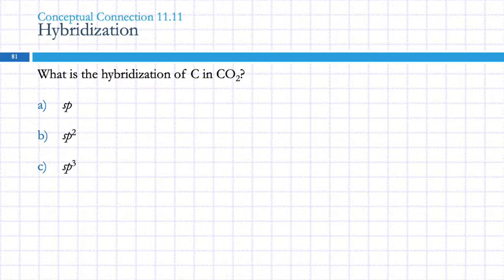What's the hybridization of carbon in carbon dioxide? We need the Lewis structure to answer that. How many electron groups do we have? How many electron groups are on the carbon? There's 4 bonds.